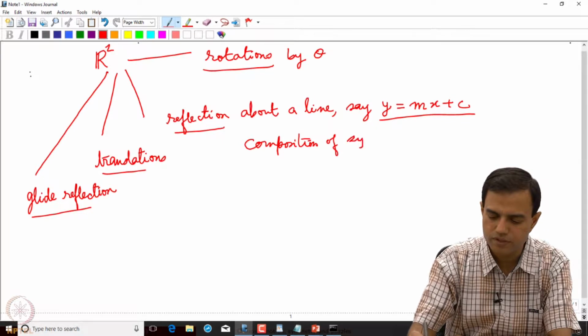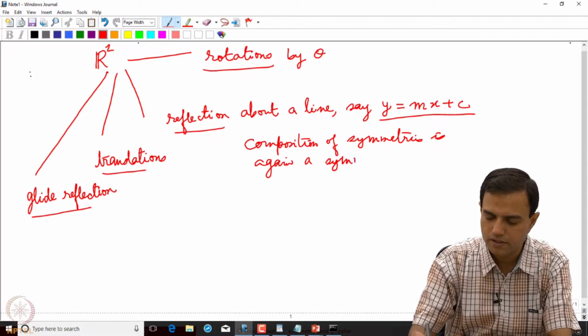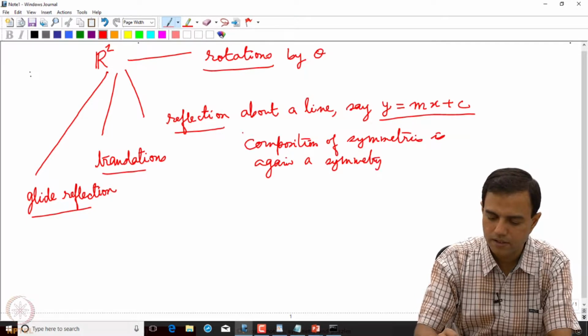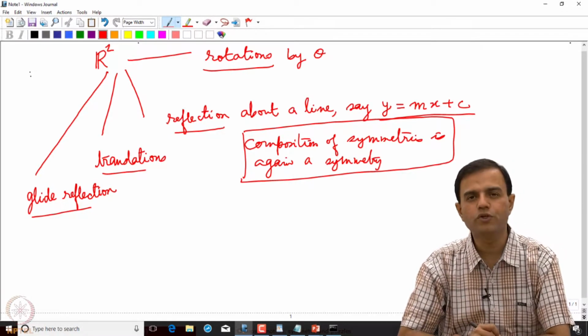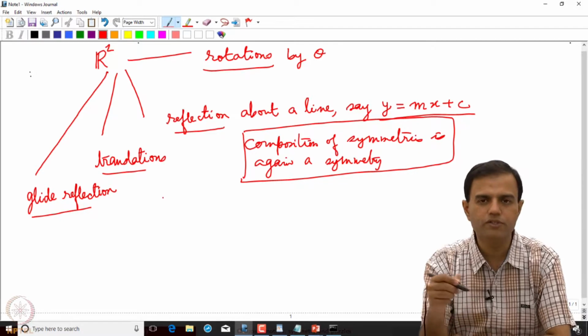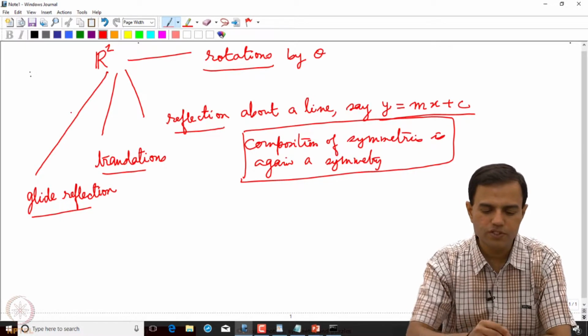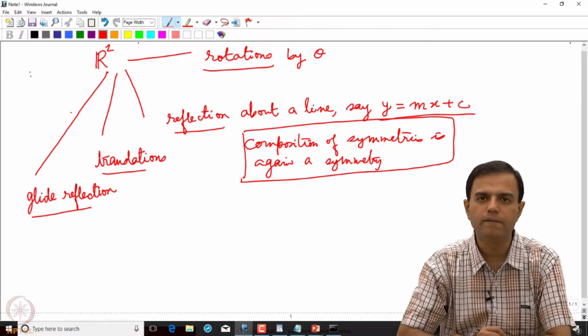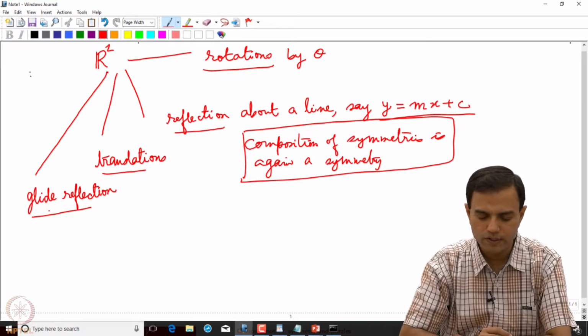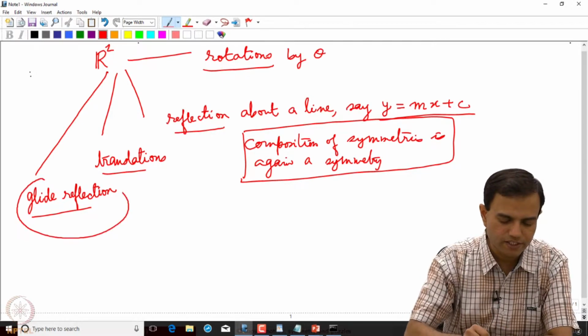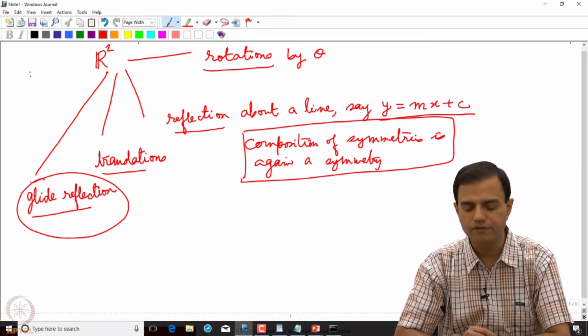Composition of symmetries is again a symmetry. So what should be all possible symmetries of R2? They should be compositions of what I have written here. I am going to explain one by one what all these symmetries are, particularly glide reflection, which probably you might not have heard of.